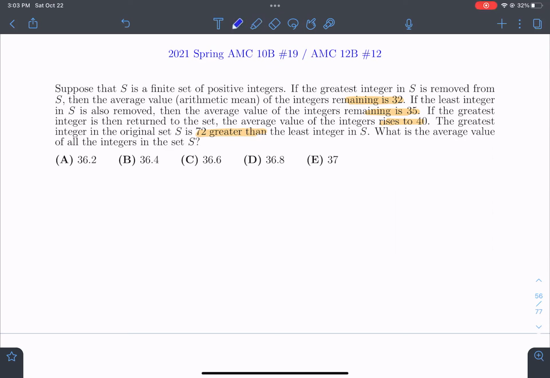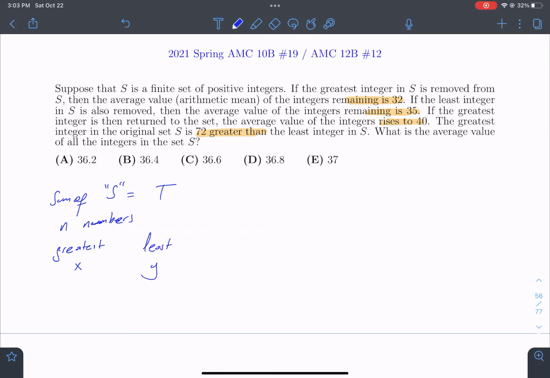First of all, the sum of all numbers in S is T. We have n numbers. Let's say the greatest integer is x, and the least integer is y.